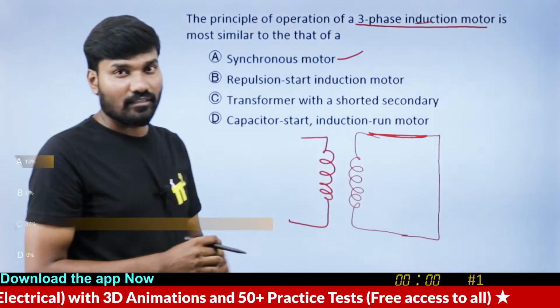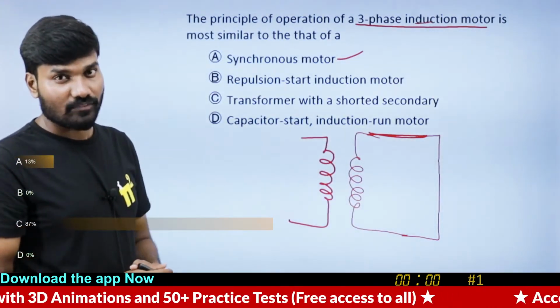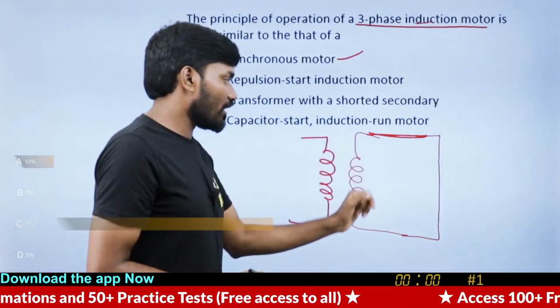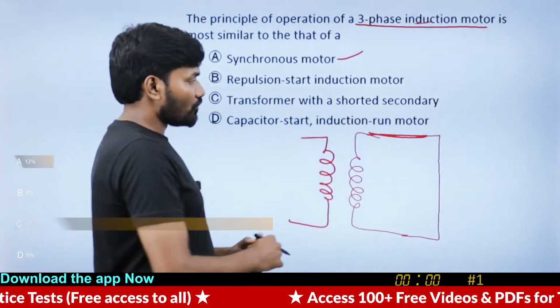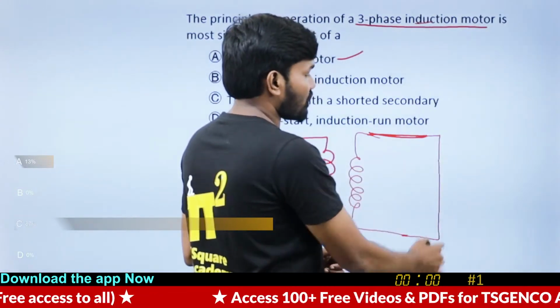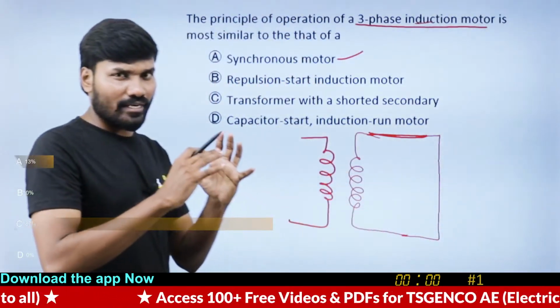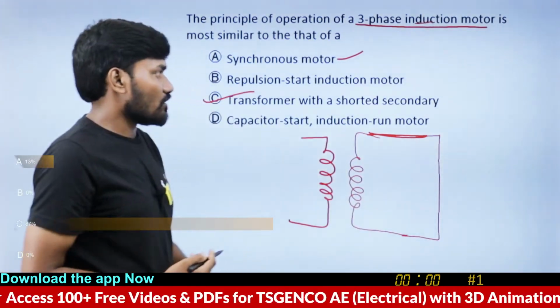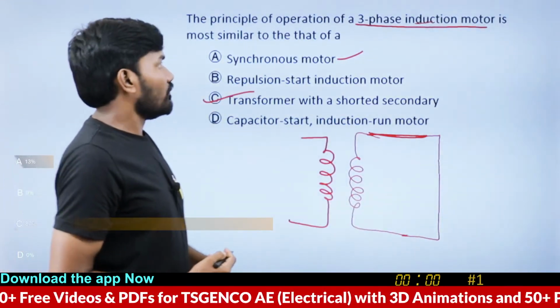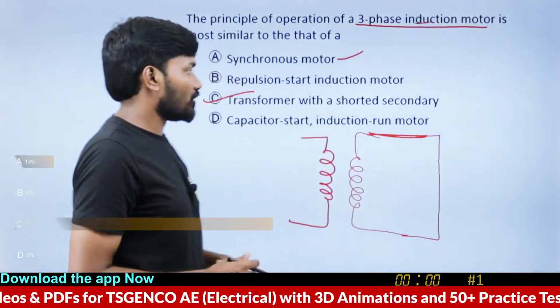Through air, flux is linking. In a transformer, you have a continuous, common magnetic circuit. The secondary is short circuited. You can treat the rotor like that because rotor windings are short circuited. Hence you can call it a transformer with a shorted secondary, similar to the three-phase induction motor.